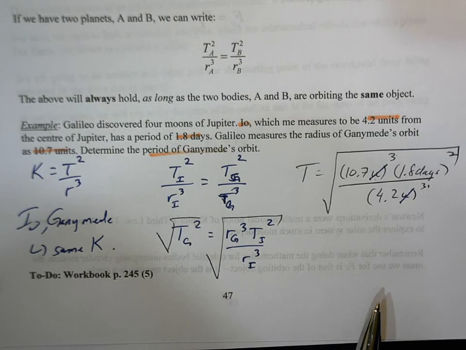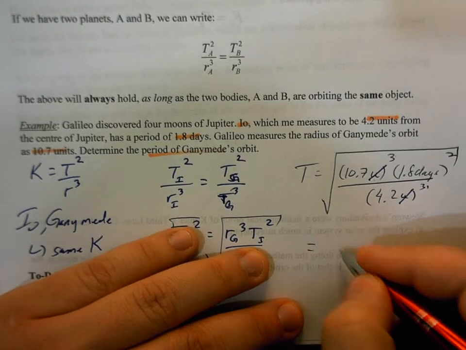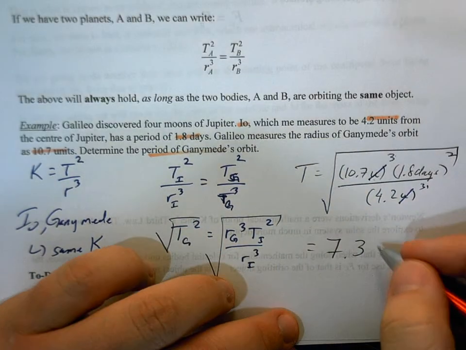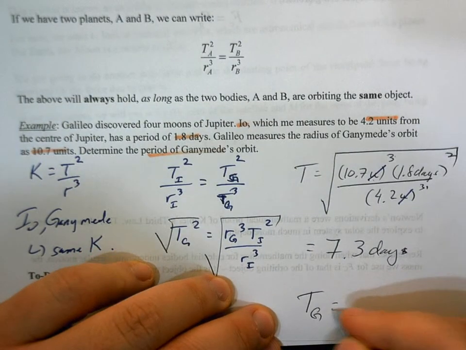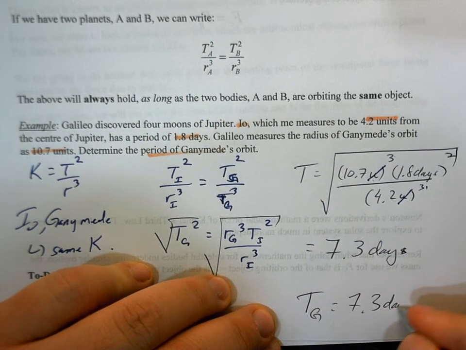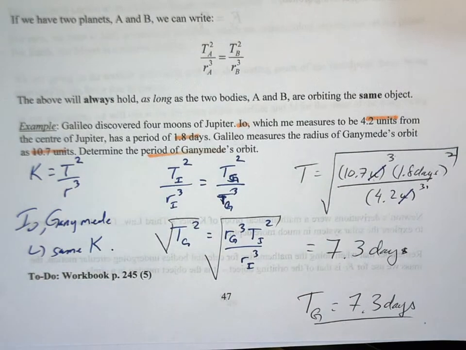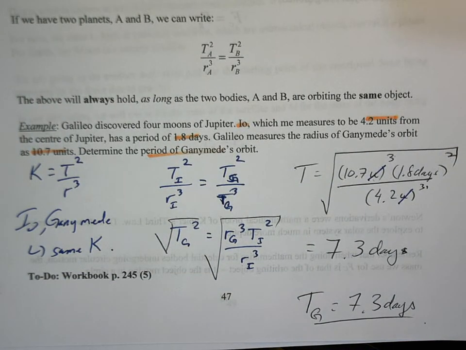There are a lot of operations to deal with. If we do that, we get about 7.3 days. Ganymede's period is about 7.3 days.